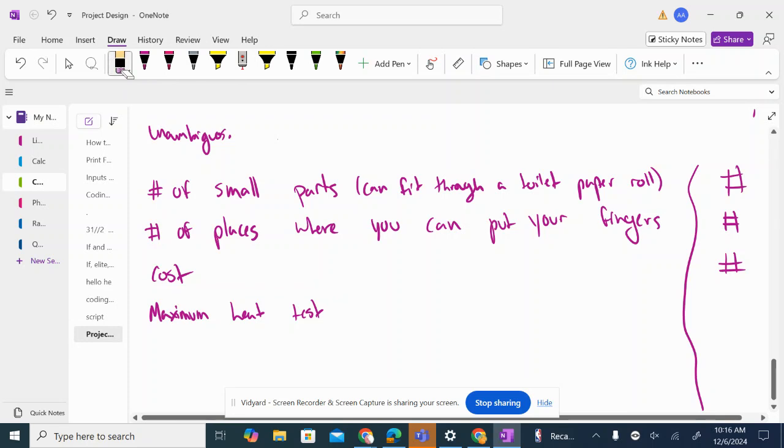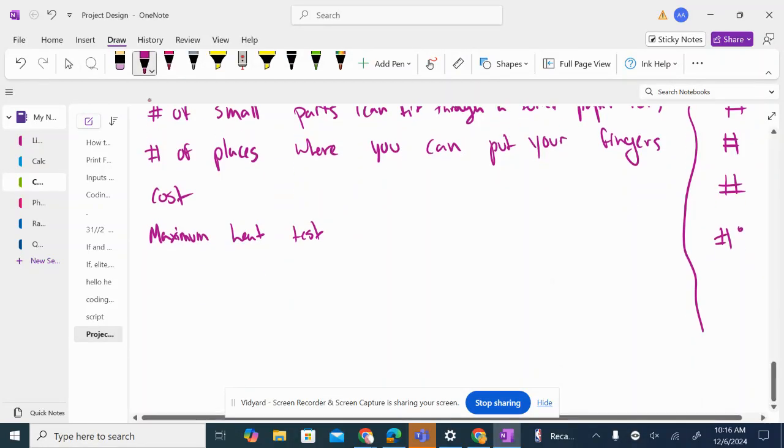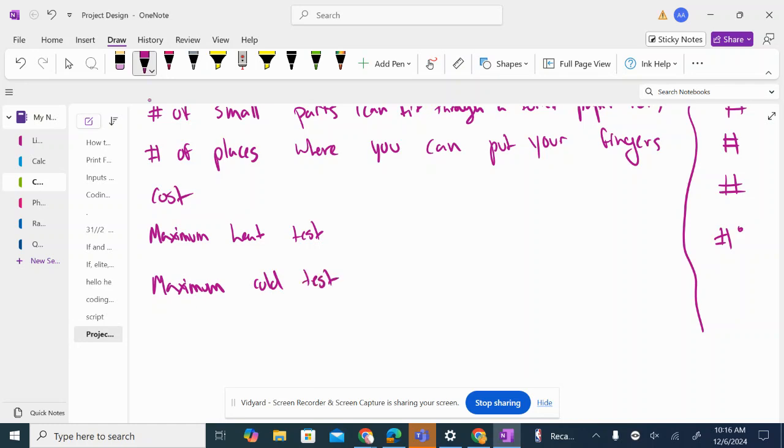Remember, there are some products and designs that cannot be transported all year long. This one will also give us a numerical value, probably in degrees or Fahrenheit. And then we would do the same thing for minimum, or maybe maximum cold, and we'd get another number in degrees or Fahrenheit.